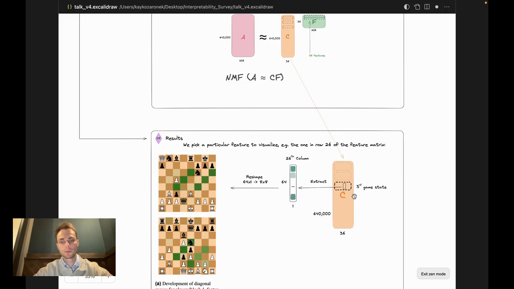Now, if we want to visualize a board state and what the neural net is paying attention to, we can extract this game state by taking the 64 rows that correspond to the game state and reshape it into 8 by 8 again. And what we'll get is something like this, where we can see that for this particular game state, the neural net is paying attention to right diagonal moves of the bishops.